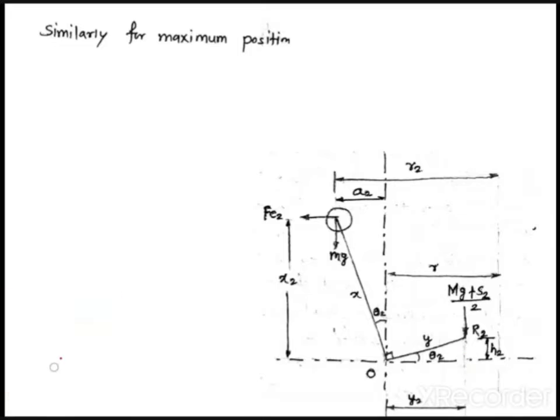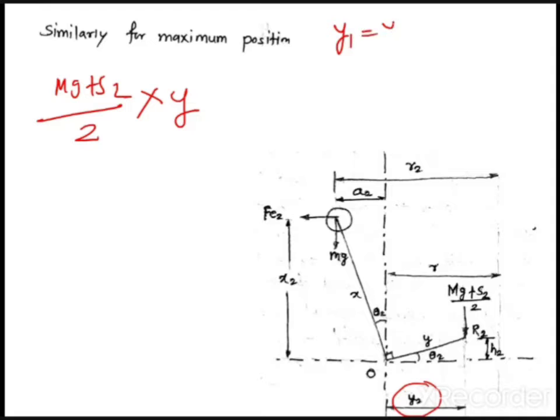For neglecting the obliquity effect, what will be the equation? (mg + s2)/2 multiplied by, now this is clockwise, y2, but I will take y, because y2 is equal to y. You know that y1 is equal to y2 is equal to y, as we are neglecting the obliquity effect.